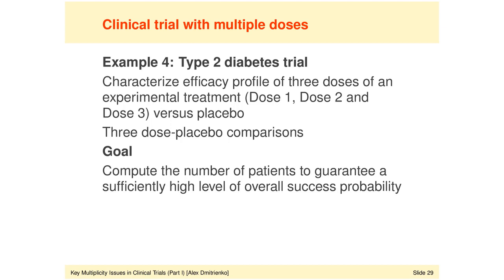This first example, example 4, is based on a type 2 diabetes trial with multiple dose placebo comparisons. And the next example, example 5, is based on an oncology trial where multiplicity is induced by the analysis of treatment effect in 2 patient populations.